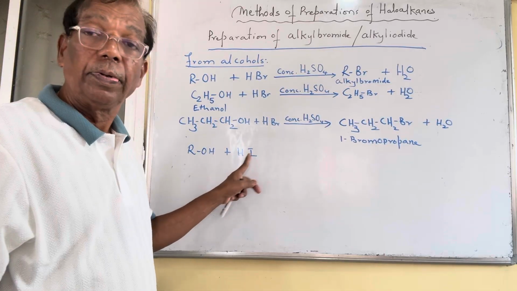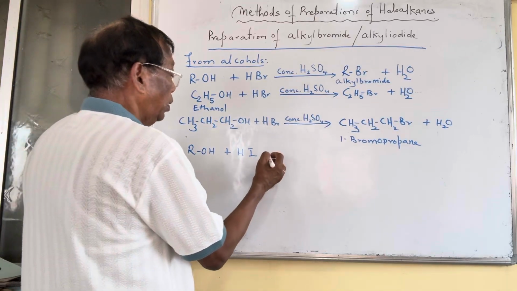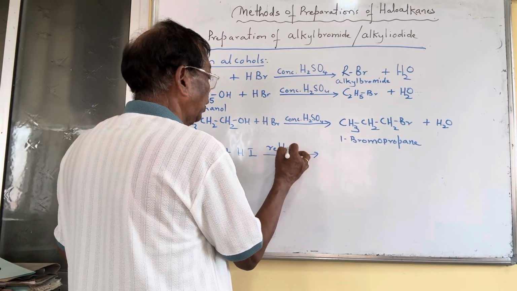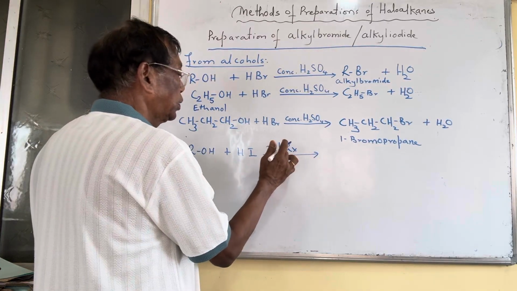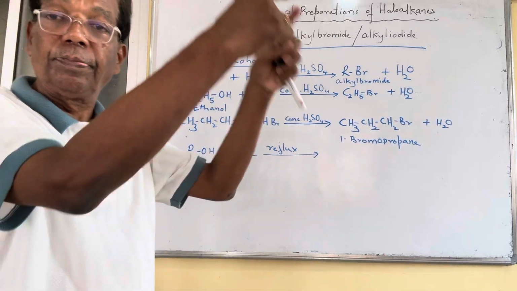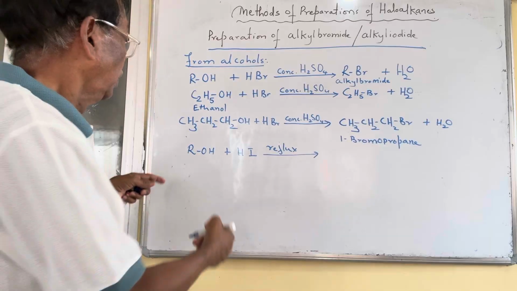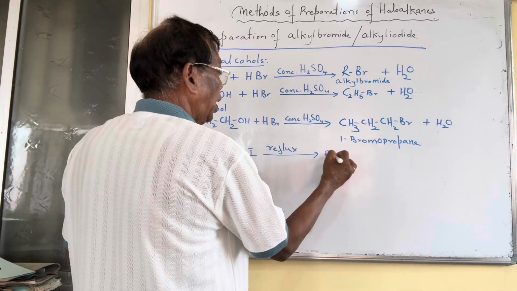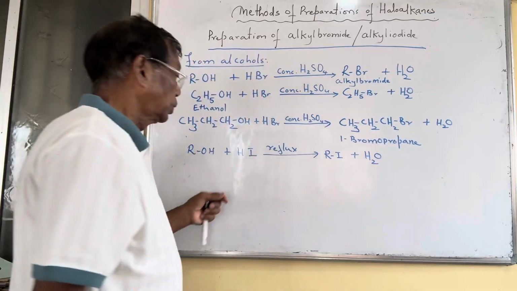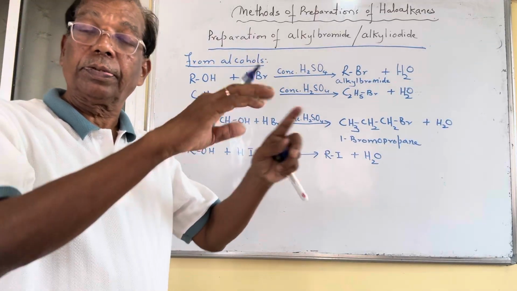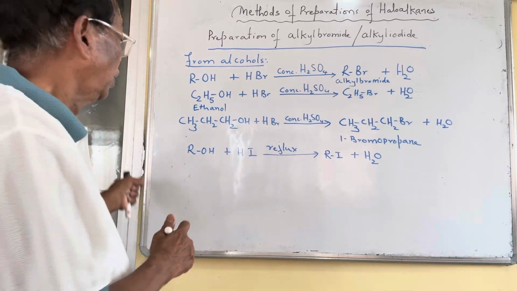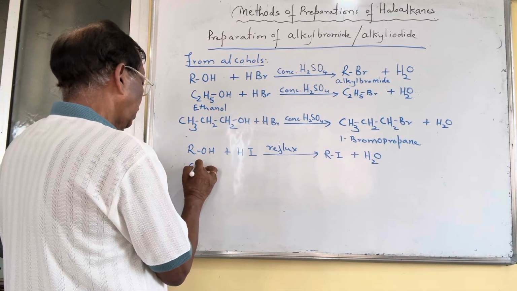If we reflux this, reflux also means heating, but in this case it is going up and coming down again, back, repeatedly. So this will give RI plus water. When you heat in a closed container like this, it is said to be reflux.